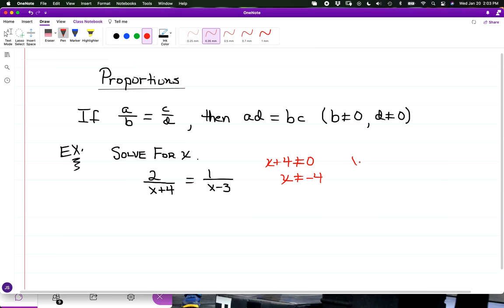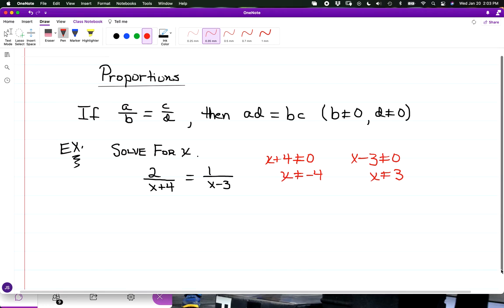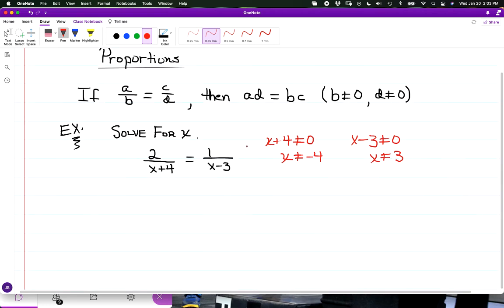And x minus 3 cannot be 0 either, so x cannot be equal to 3. So whatever we have for x, we want the solution to be such that we will not end up with negative 4 or 3.